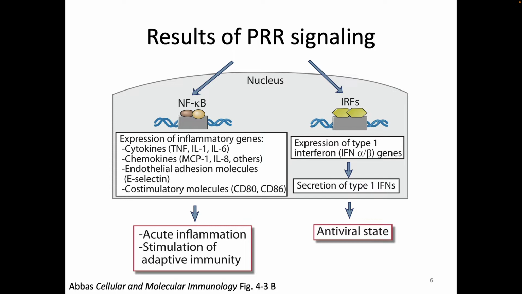What is it? Interferon. So we could alternatively have this IRF transcription factor that's going to turn on our type 1 interferons. And so our different PRRs can predominantly induce either this type of sort of acute inflammation response or the antiviral response based on which transcription factor they signal to.